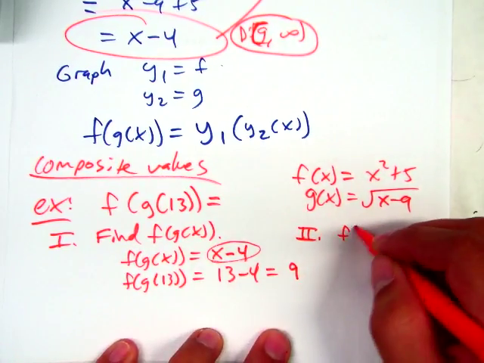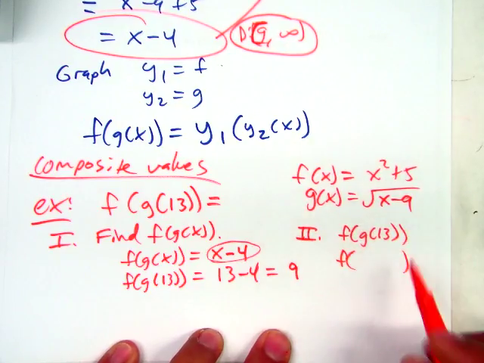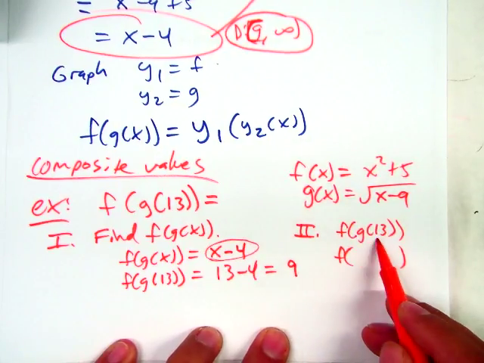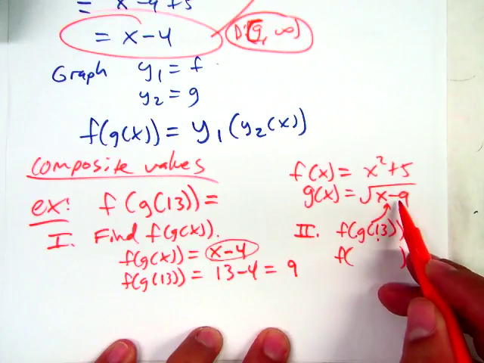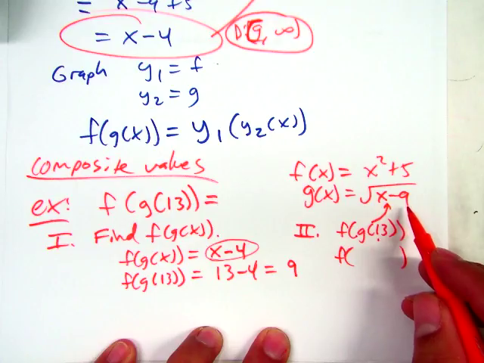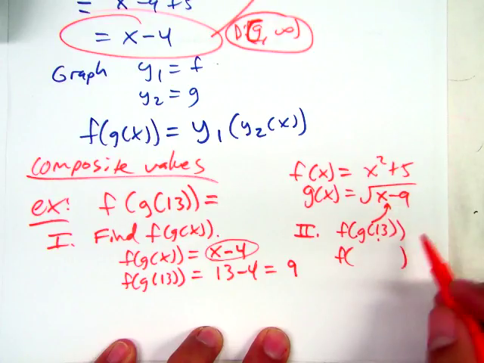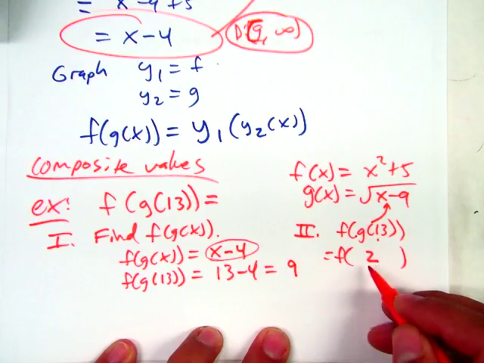So if you have f of g of 13, first, can we figure out what g of 13 is? Yeah. That just means take 13, plug it in, right? Yes. So it's the square root of 13 minus 9. 13 minus 9 is 4. The square root of 4 is 2. So f of g of 13 is really just finding f of 2.